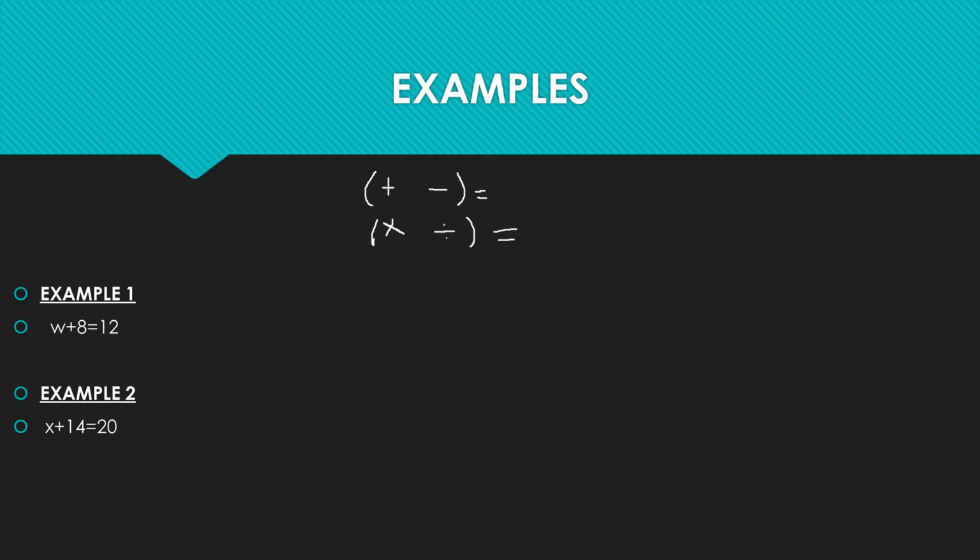In algebra, if we are going to look at numbers that will be crossing, as we'll be collecting like terms, we are going to have numbers crossing equal signs. So if you have a number which has got a positive or a plus, when it crosses the equal sign to the other side, it changes to minus.